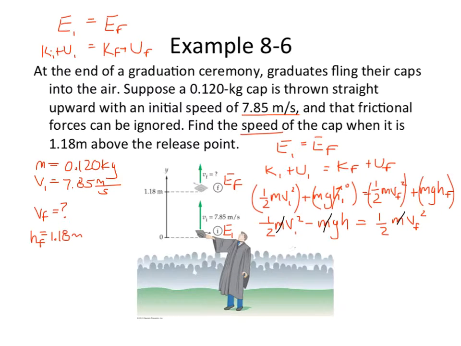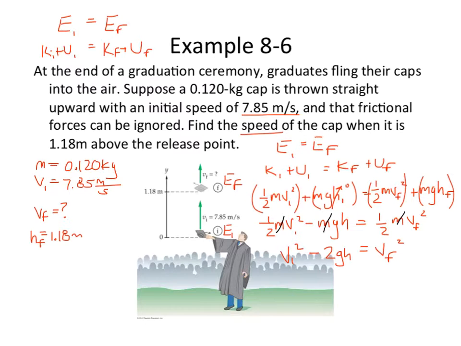v, oh, I meant to be writing in red. v initial squared, and I'm also sort of writing on the crowd behind us right there, minus 2gh equals v final squared. All right. v initial squared minus 2gh equals v final squared.